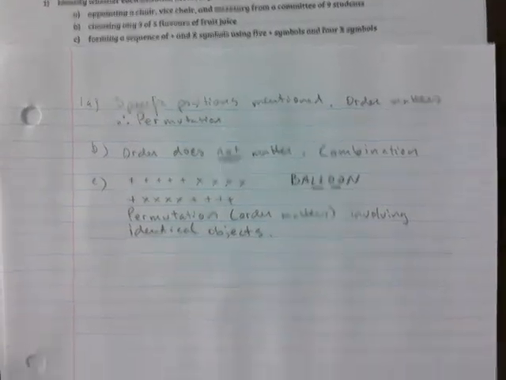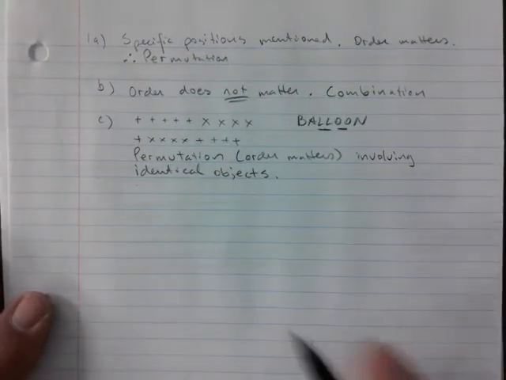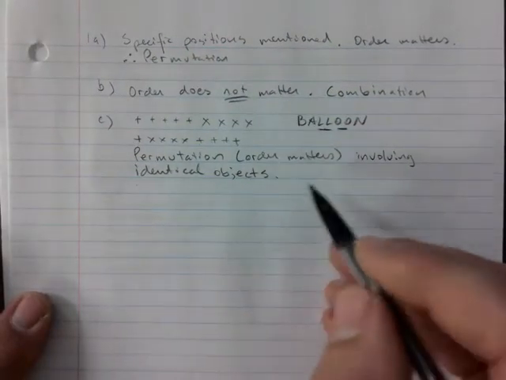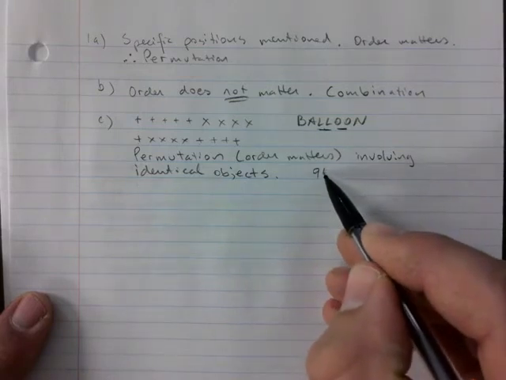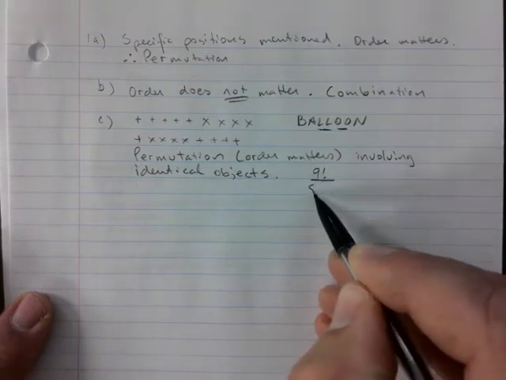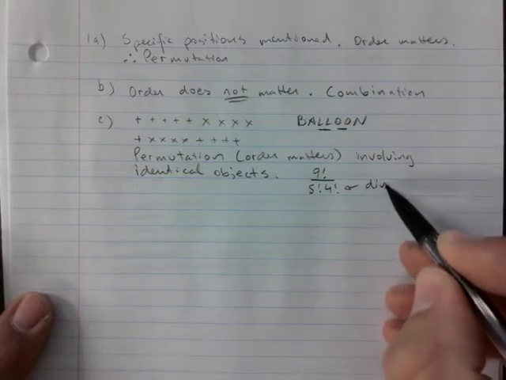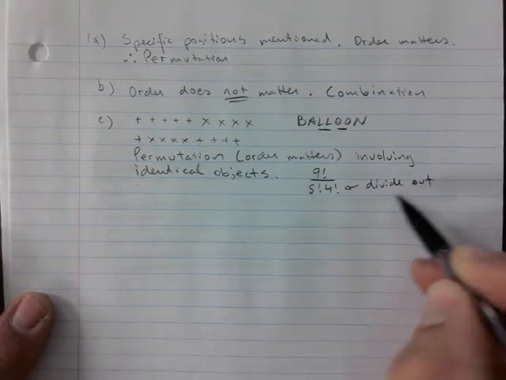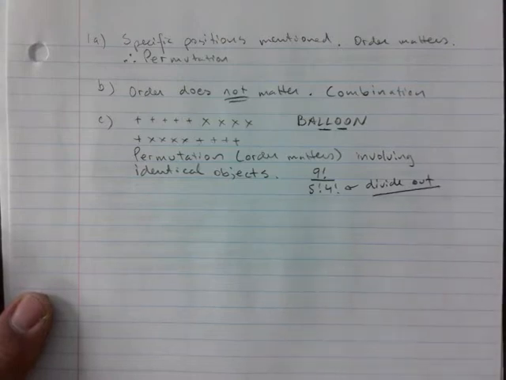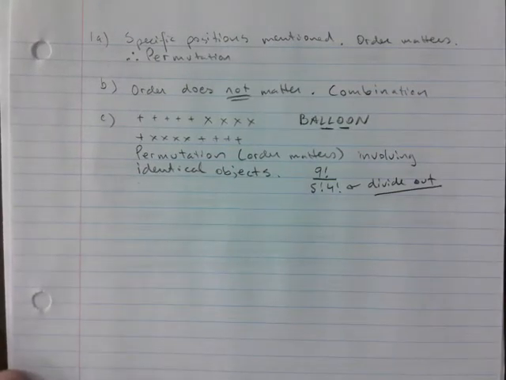You would have to divide that out. So what is that, 5 and 4? That would be 9 factorial over your 5 and your 4, you need to divide out the identical ones. So it's still permutation, but with a little caveat where you need to remove identical objects.